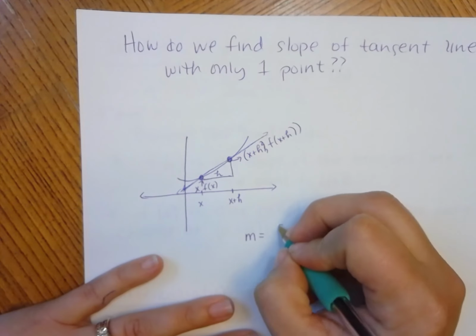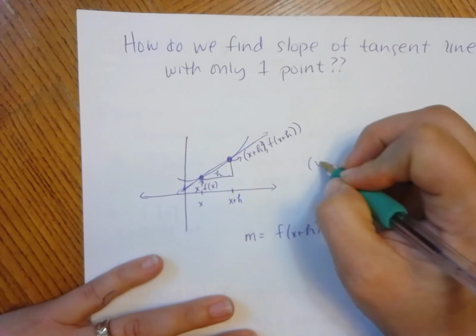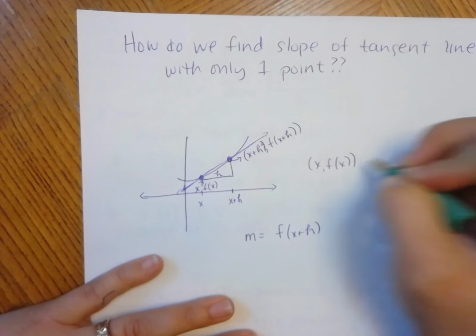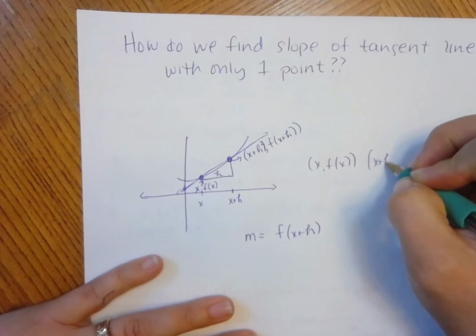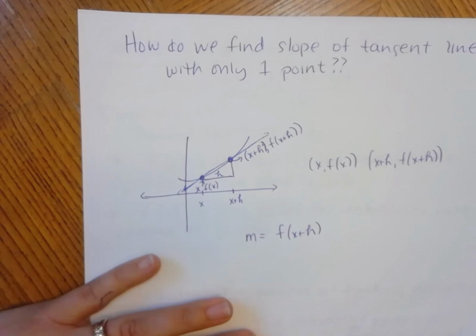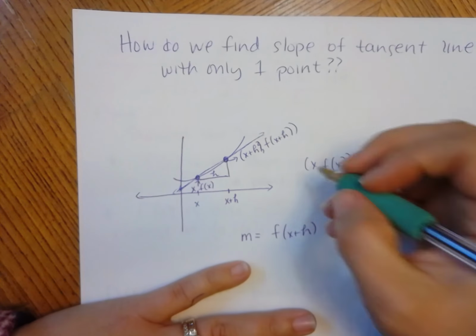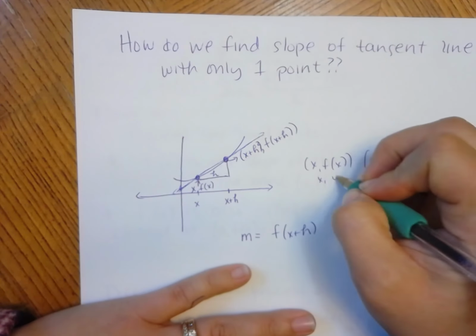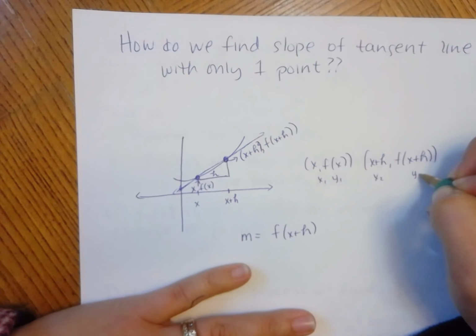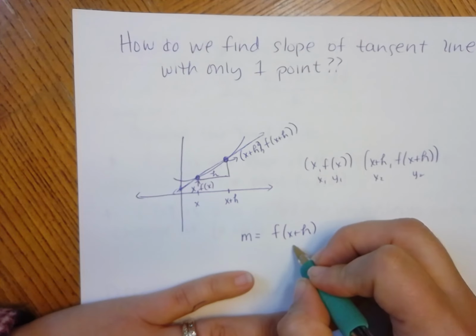I'm writing an equation between x, f of x and x plus h, f of x plus h. I know they're kind of complicated looking points, but these are just my 2 points. I'm going to call this x1, y1, and this x2, y2. So this is y2 minus y1, and my y1 is f of x.